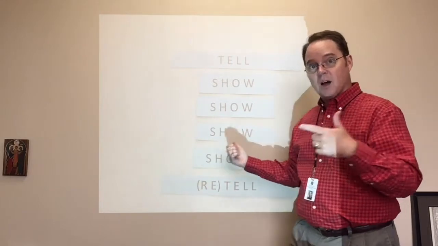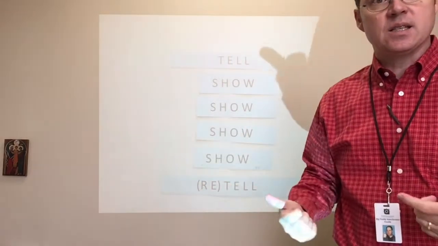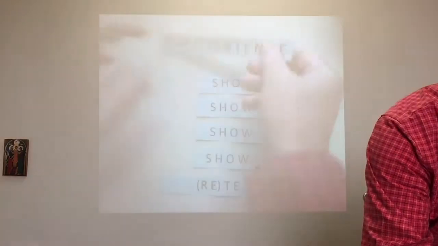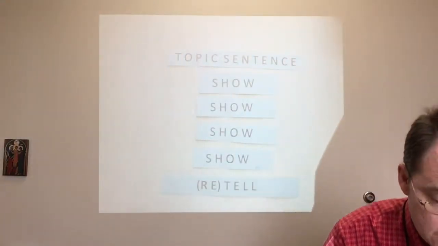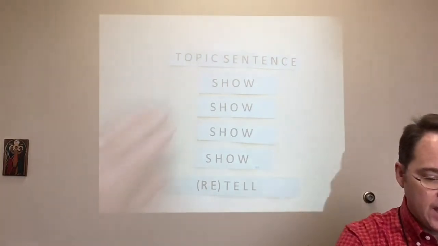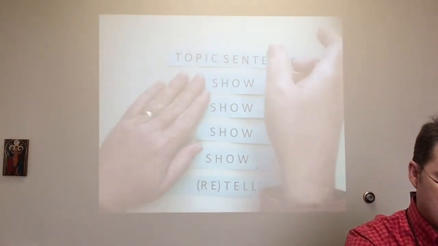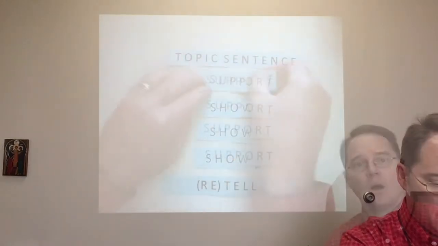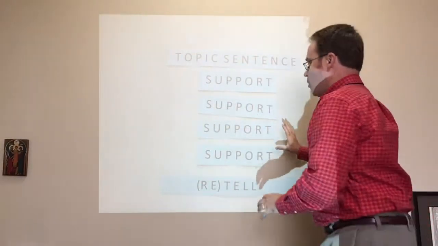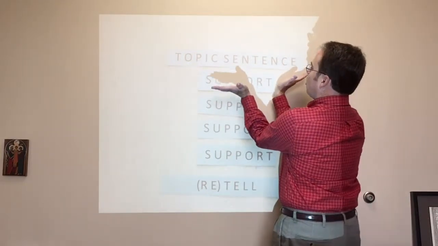Now, using the sandwich model, we can take a look at what these different sentences are named. That tell sentence at the top is the topic sentence. Then the show sentences are supporting sentences. And I like this word support because what does it mean? It means to hold up, right?